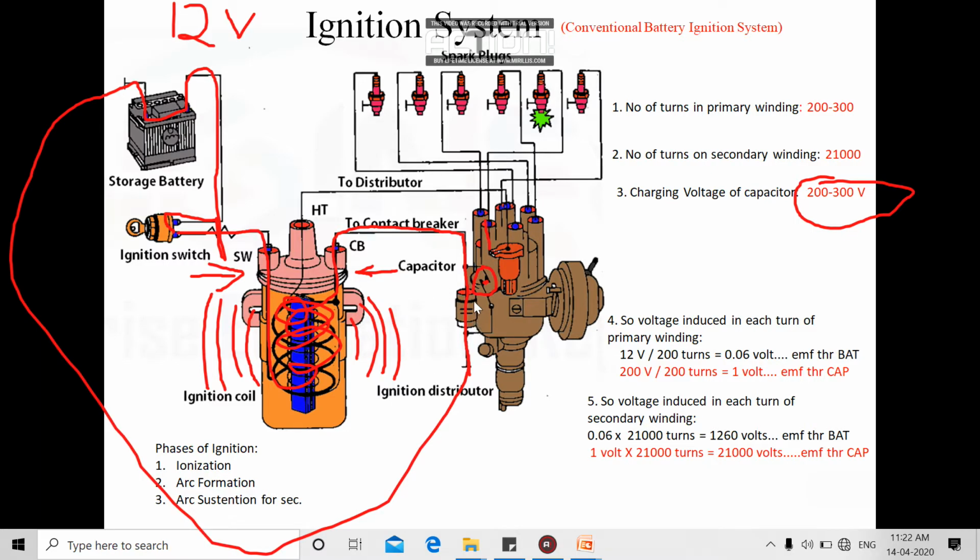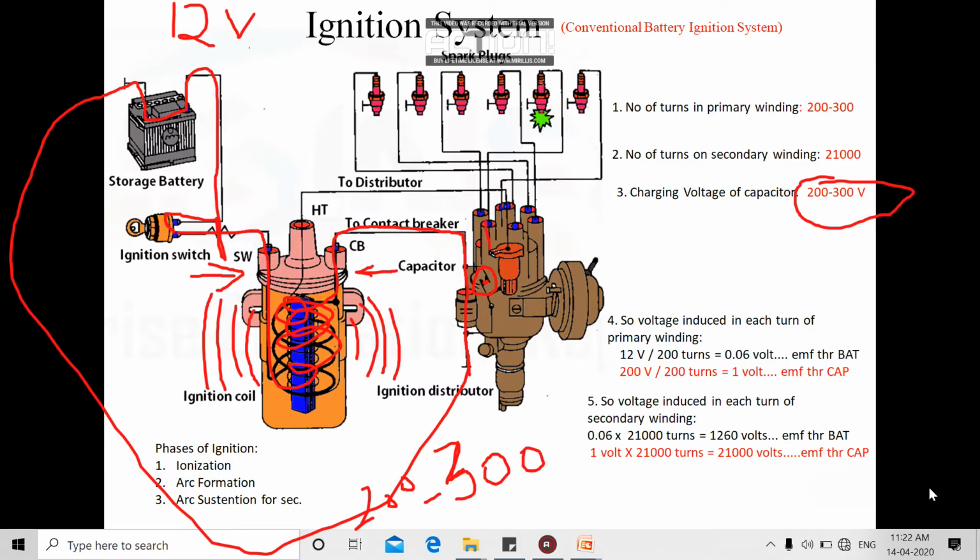So the capacitor starts charging and gets charged to about 300 or 200 volts. So our capacitor gets charged.